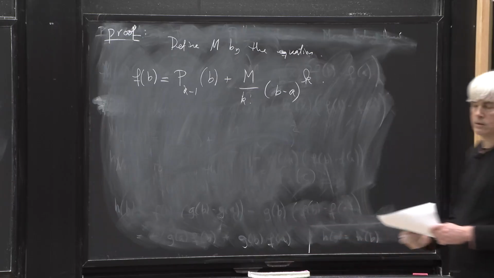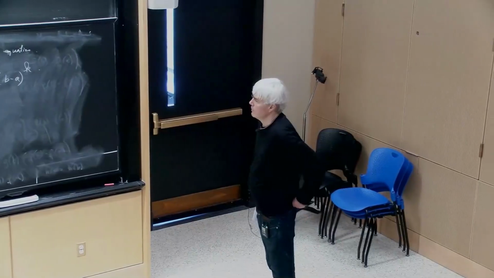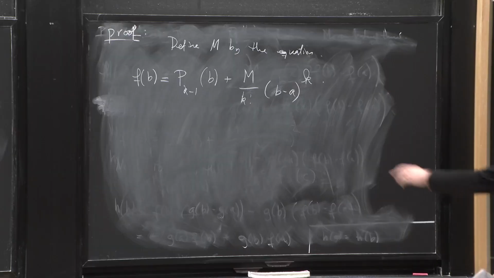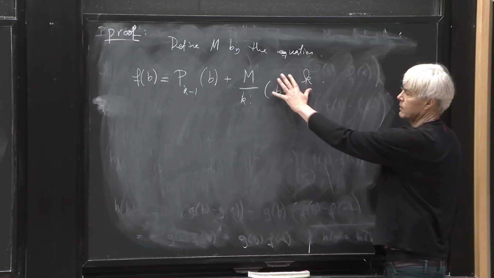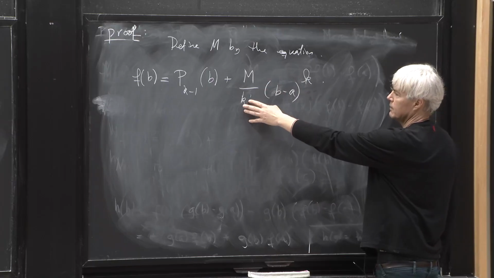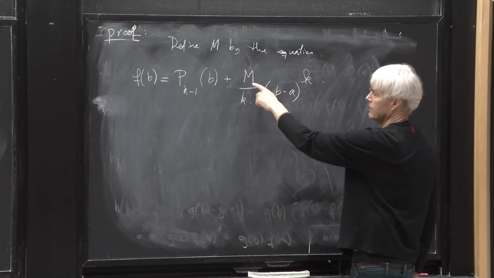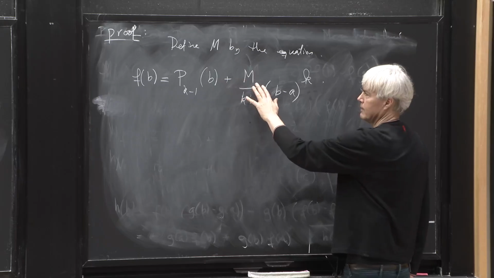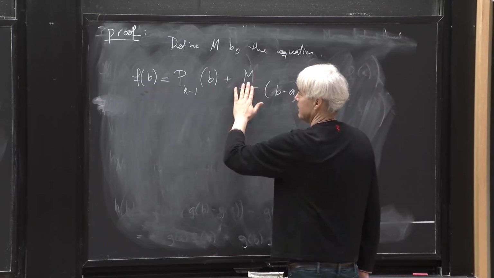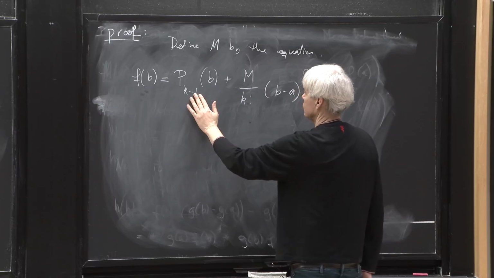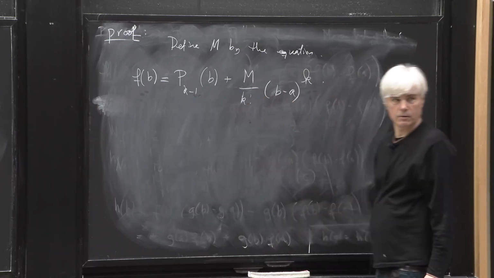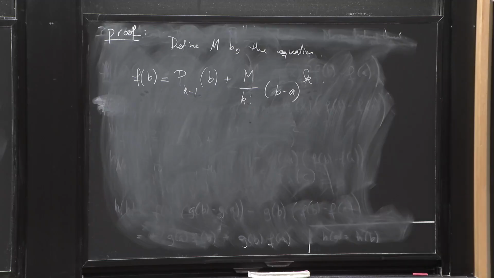So this is how m is defined. B is not equal to a, so this is just a positive constant. m here is given as the difference of those two, divided by this and multiplied by k factorial. So this defines m.